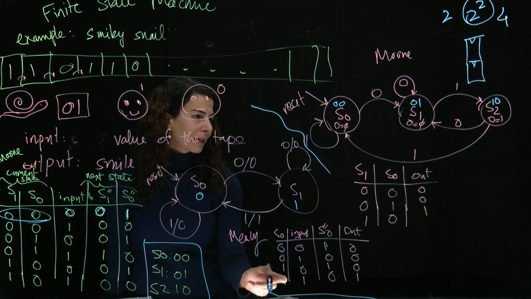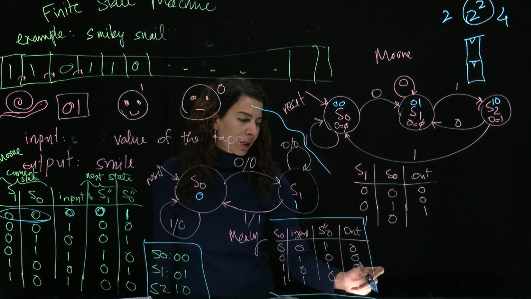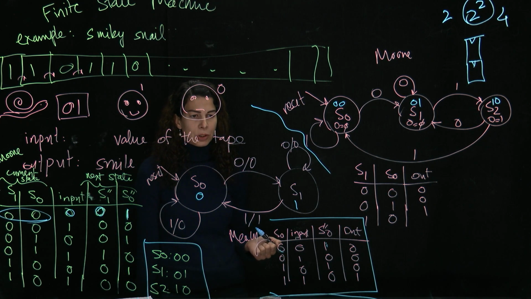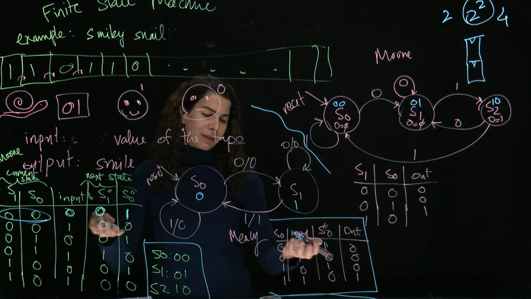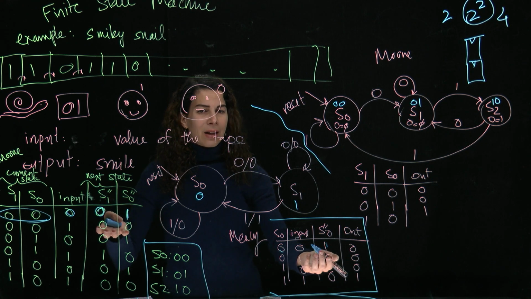So this is basically the output of this finite state machine. So you see that there's a little bit of a difference in terms of this writing, and this was the writing style of the designer.